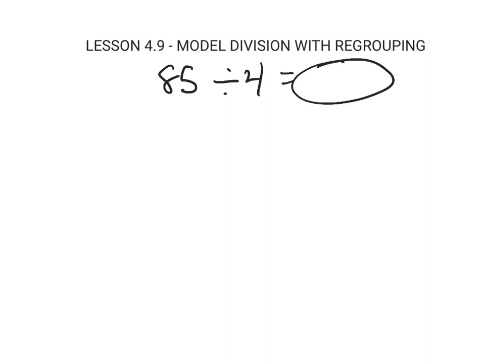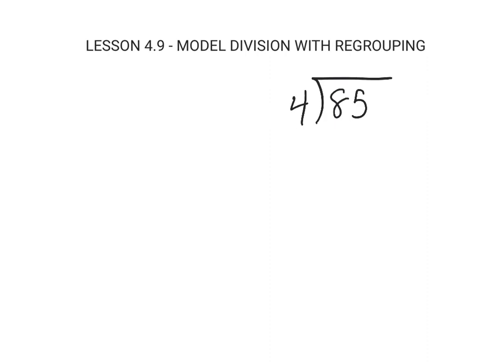So let's start off with 85 divided by 4. Now I need to shade my divisor because I like to do that. Which number is my divisor? Good.